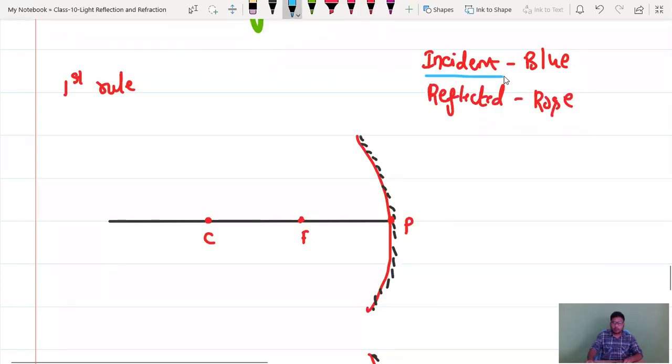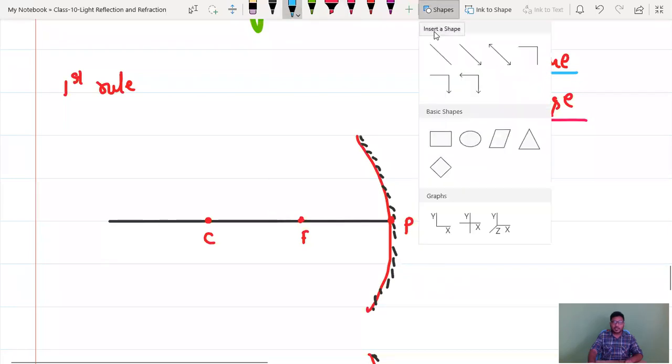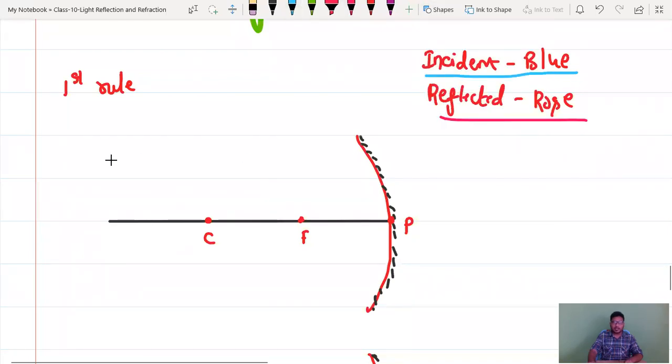Incident ray with blue color, reflected ray with rose color. Don't get confused. Guys, first rule. What is the first rule?